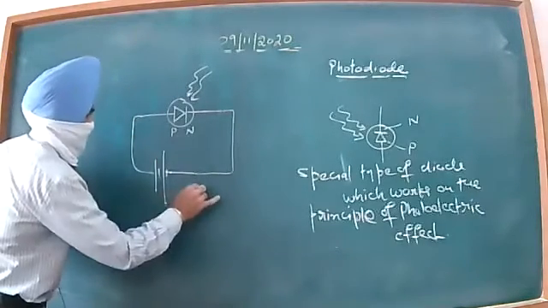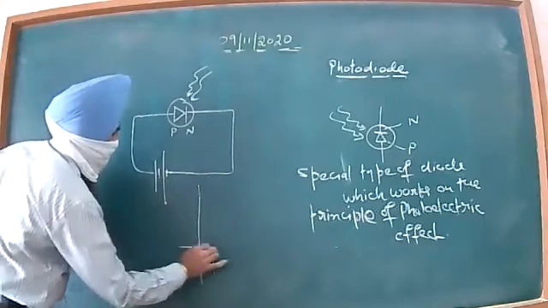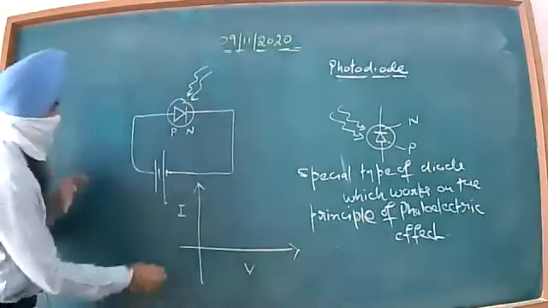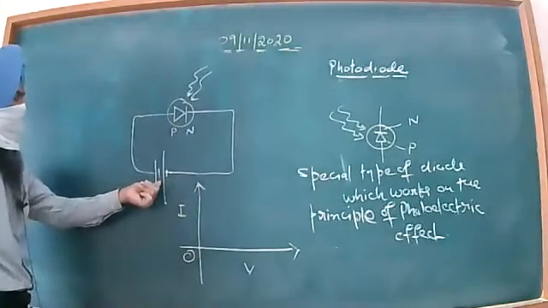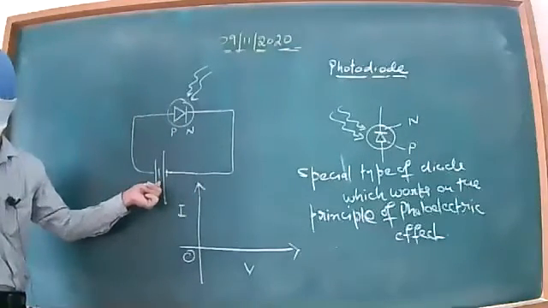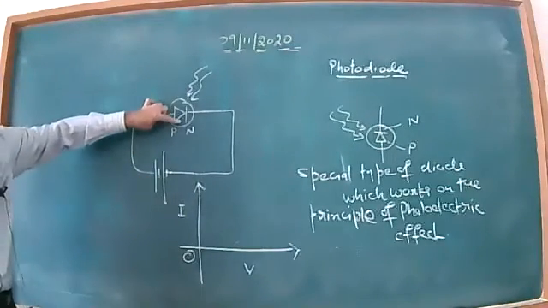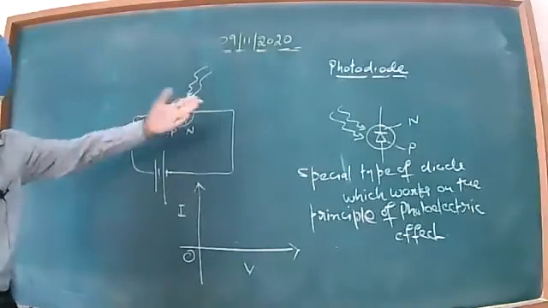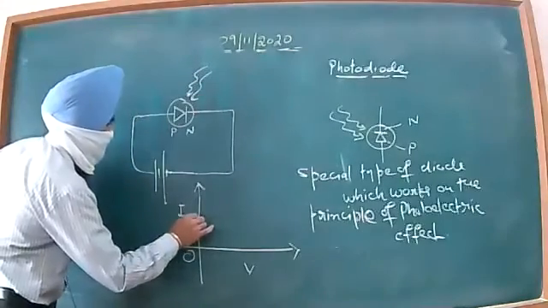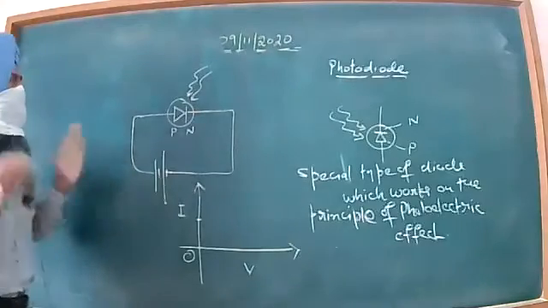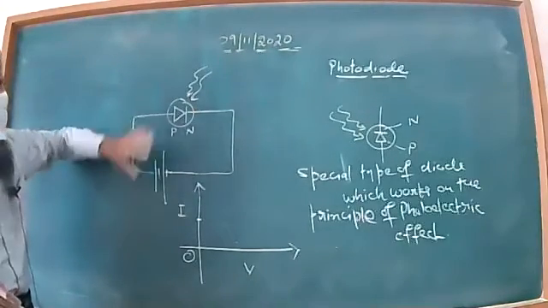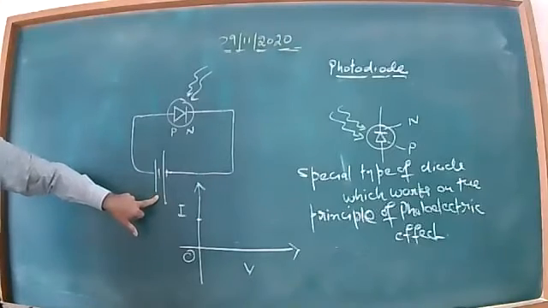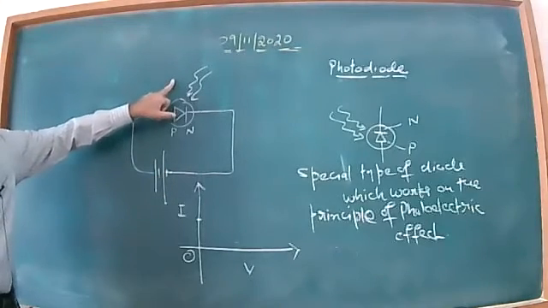In this particular case, if I plot this voltage and this current, beta, even when 0 volt is applied, due to this incident energy, electron hole pairs will be created across the gap, and those will give some current in the circuit. I just mean to say that in this case, either you do not apply the voltage or you do not give the light.